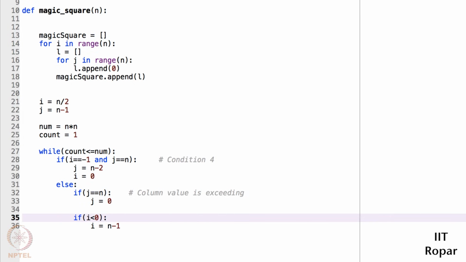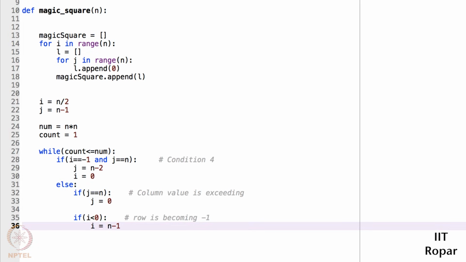Which means the row is becoming minus 1. Great. Now these conditions are over.